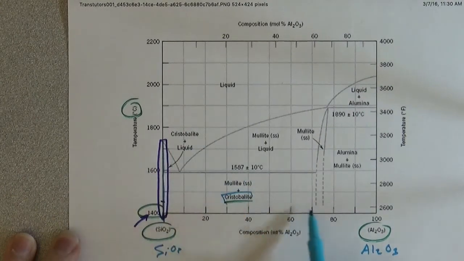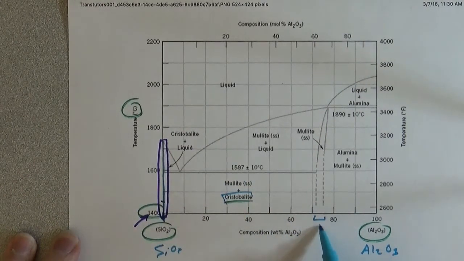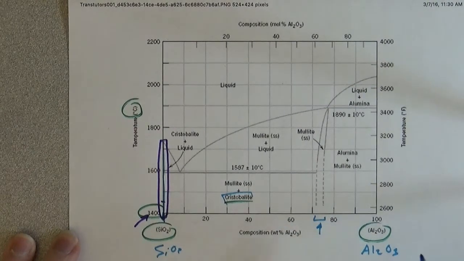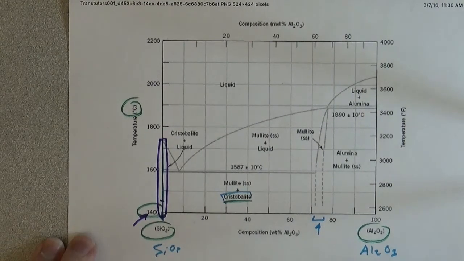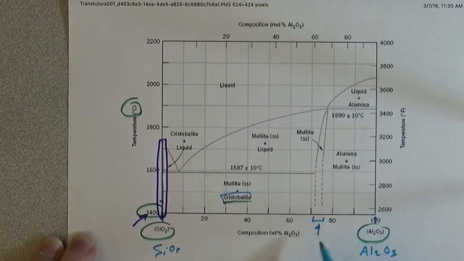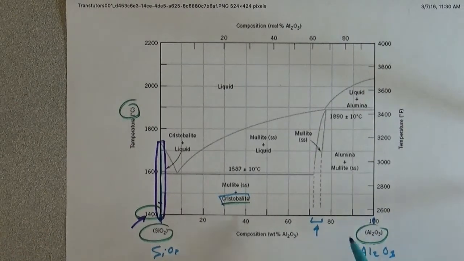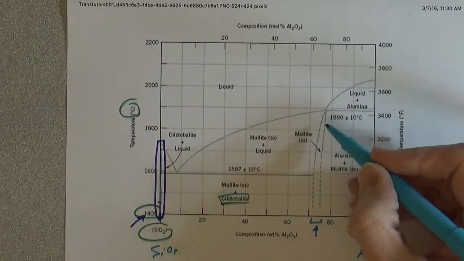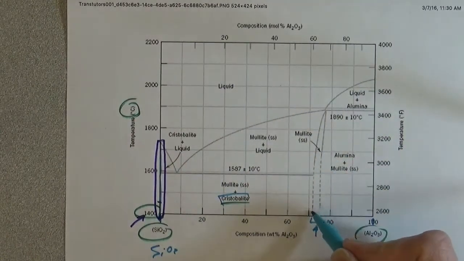So this cristobalite is a line compound. Here we have mullite, and here, which is a mixture of SiO2 and Al2O3, and then here we have alumina, and this is just another line compound. The mullite is a solid solution, so it has finite thickness.